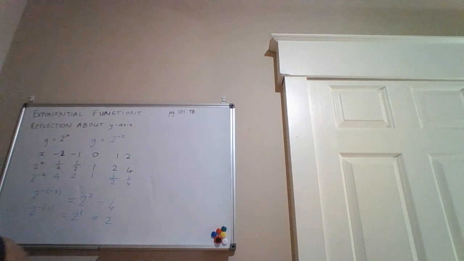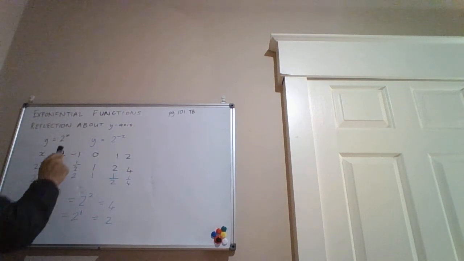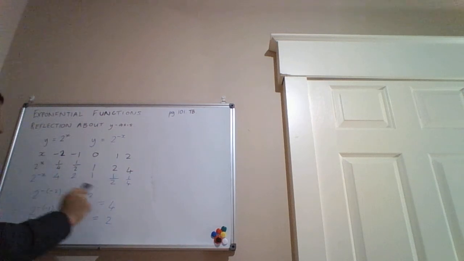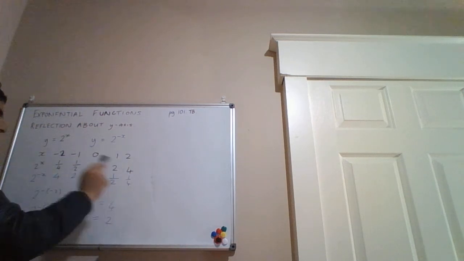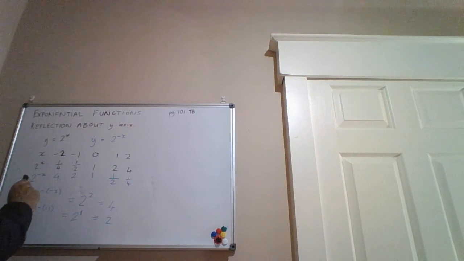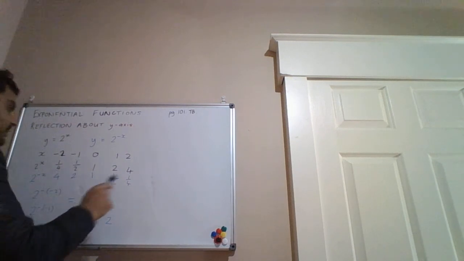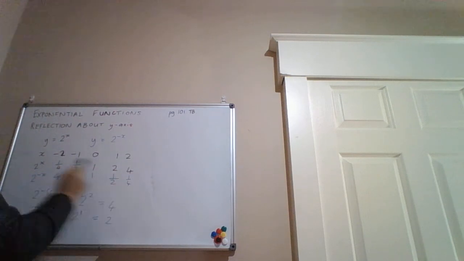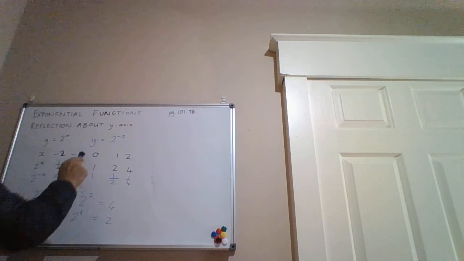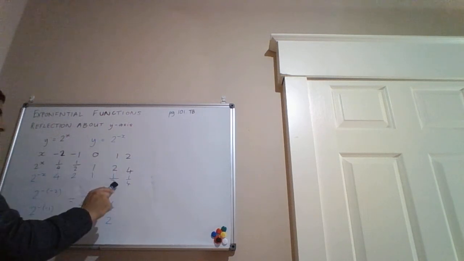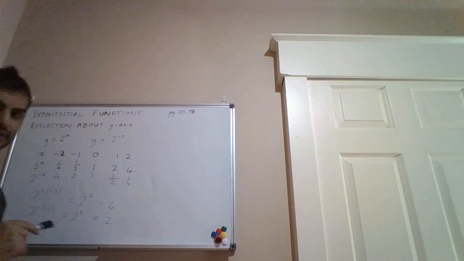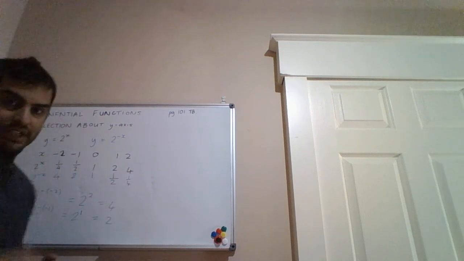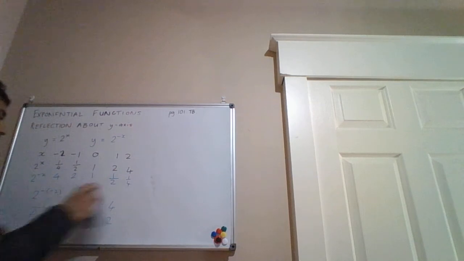So you can see just from these points that minus 2 for the graph 2 to the power of x has swapped with the y value for 2 to the power of minus x. So this minus 2 value and this 2 value both have the same y values. This minus 1 value, this 1 value, both have a half for our y value. So we've just swapped everything around, in other words.